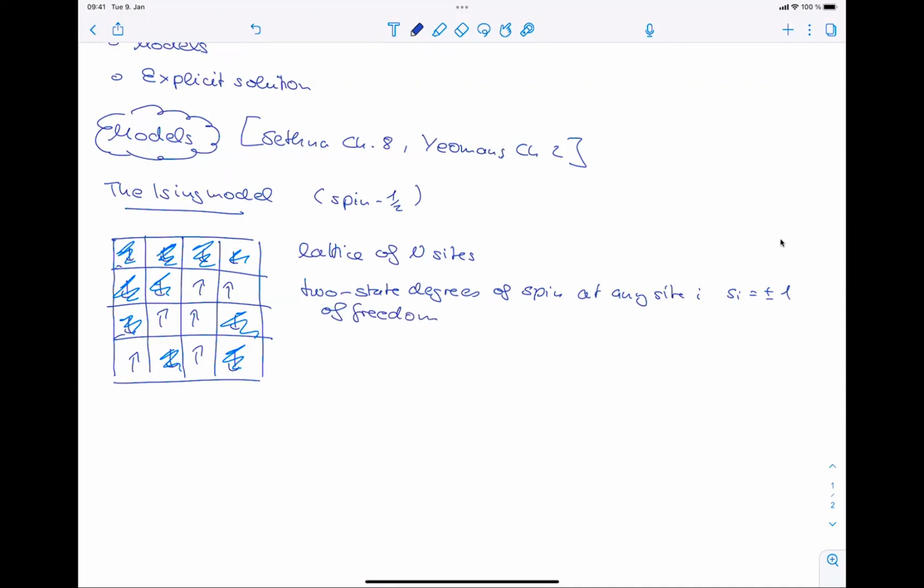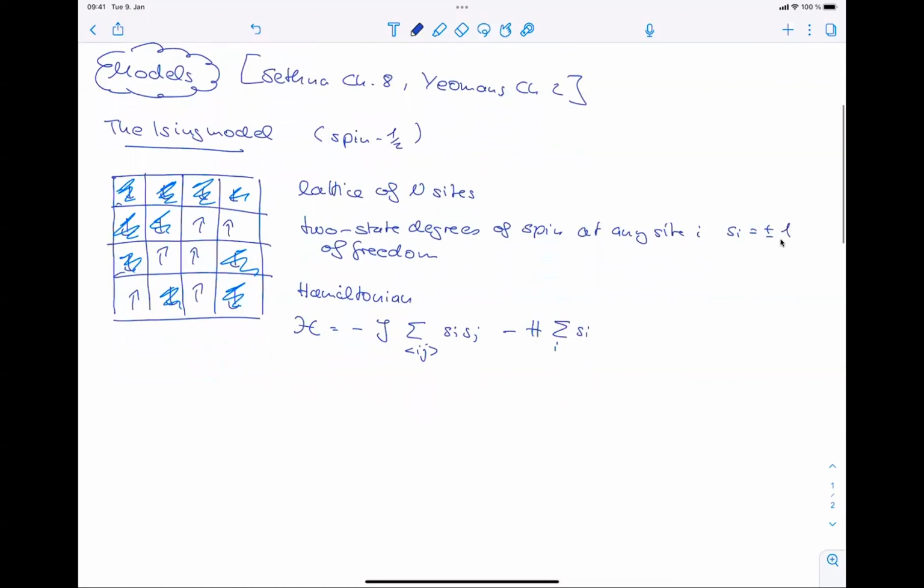And then I describe this system by a Hamiltonian, where I have an interaction term between spins Si and Sj. And I can apply a magnetic field that is acting on each individual spin. So J is called the coupling or exchange energy.